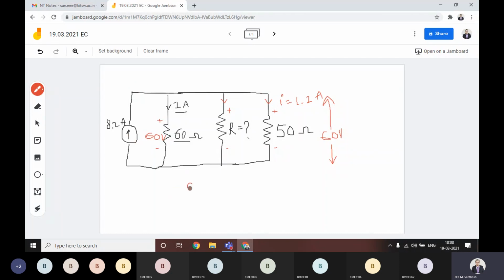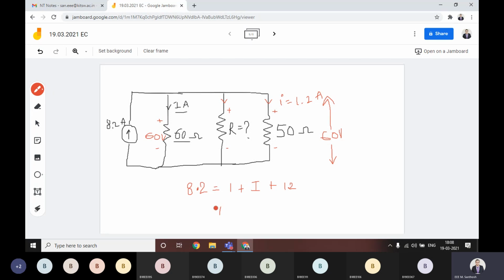Entering value is 8.2, which is equal to 1 ampere plus some current, which we assume through this resistor is I, plus this current, 1.2 amperes.